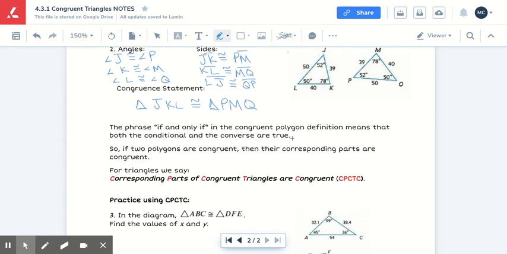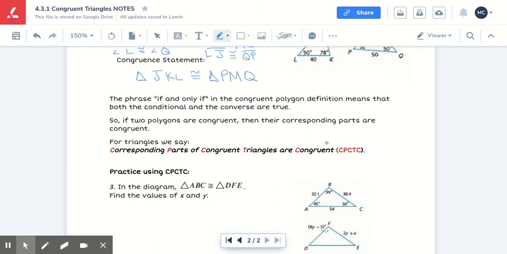Alrighty, a little bit more. In the congruent polygon definition, the phrase if and only if makes it a biconditional statement. So that means both the conditional and its converse are true. So if two polygons are congruent, then their corresponding parts are also congruent. So that means that we can kind of use this backwards as well.